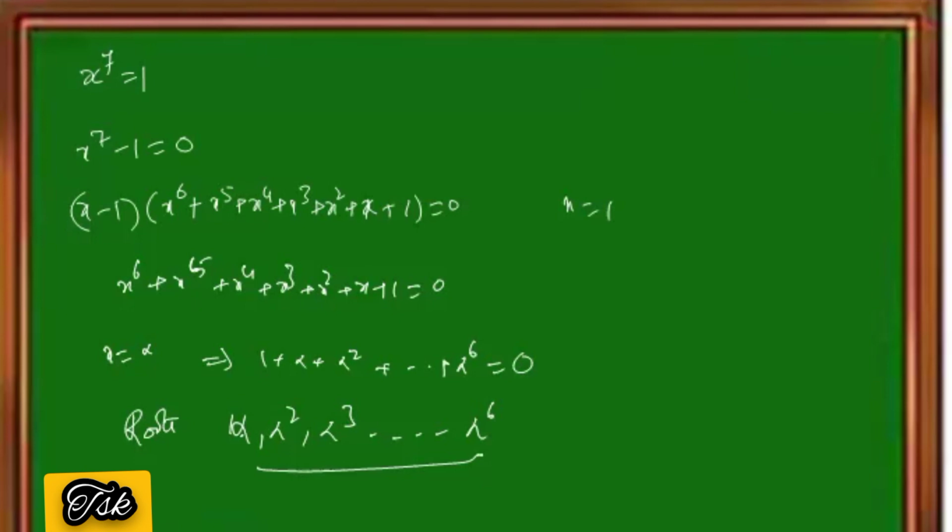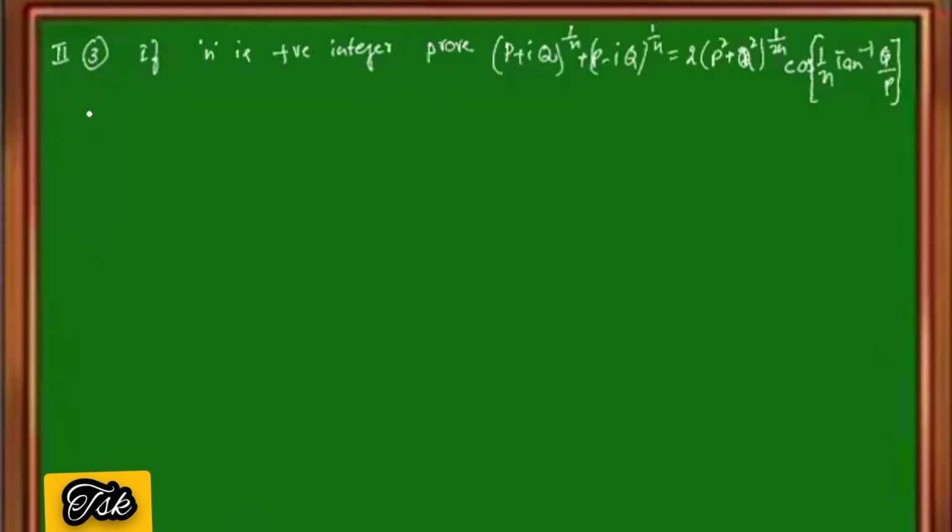Next, we move into the next problem. If n is a positive integer, prove that p plus iq whole to the power of 1 by n plus p minus iq whole to the power of 1 by n is this. Very important problem. So let's consider the polar form of p plus iq.